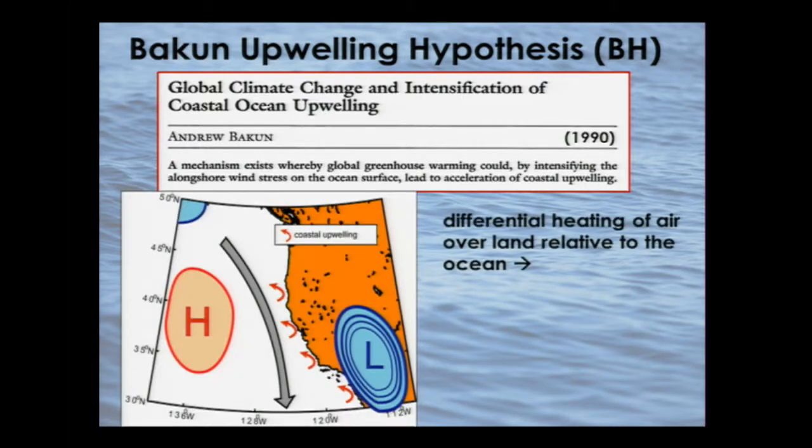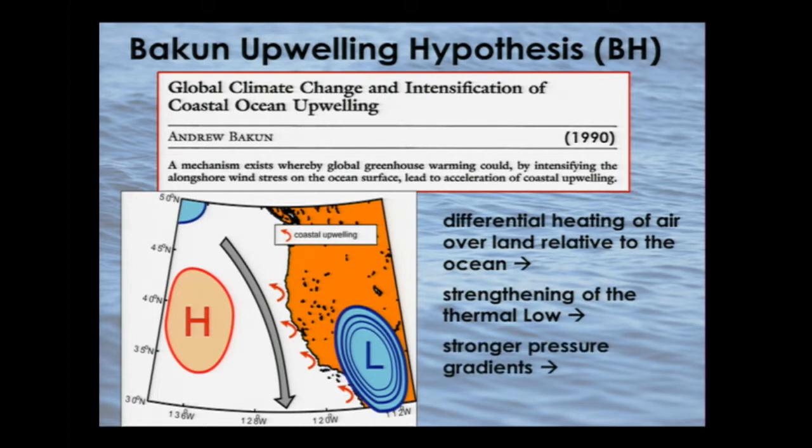The mechanism that he proposed is illustrated here, where the increasing temperatures would create differential heating of air over the land versus air over the ocean. This would lead to strengthening of the thermal low over the land mass. That creates stronger pressure gradients between the two, which increases the wind, which increases the upwelling.